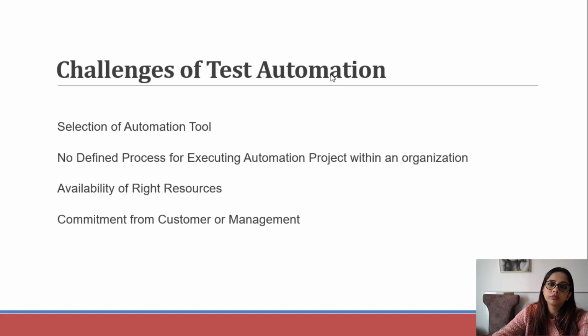So there are always time crunches, situations wherein the time is less to complete the test automation. So that always remains a challenge and needs to be addressed with proper planning and proper knowledge set in the team. So these are little talks about challenges, pros and cons about automation.